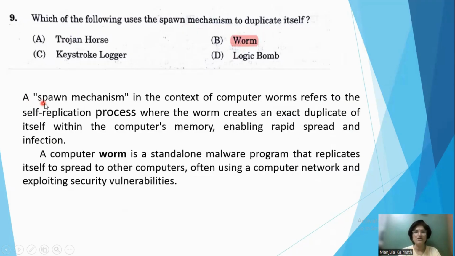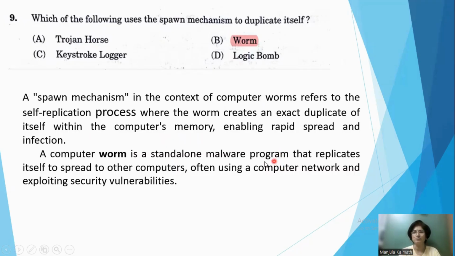The spawn mechanism in the context of computer worms refers to the self-replication process, where the worm creates an exact duplicate of itself within the computer's memory, enabling rapid spread and infection. So the computer worm is a stand-alone malware program.